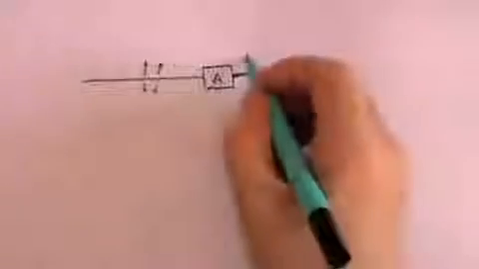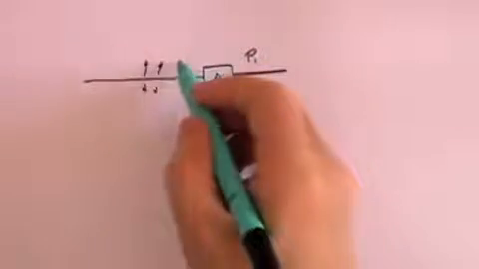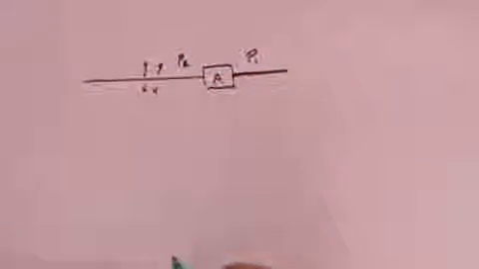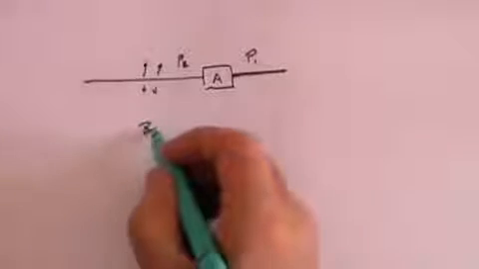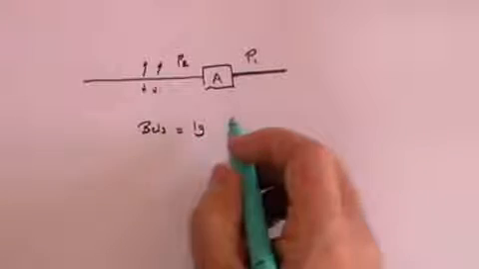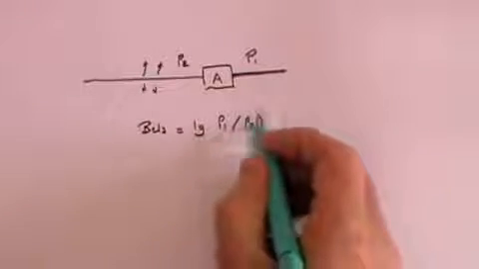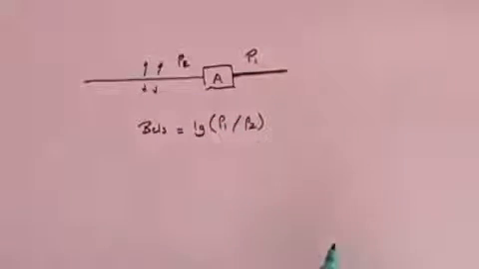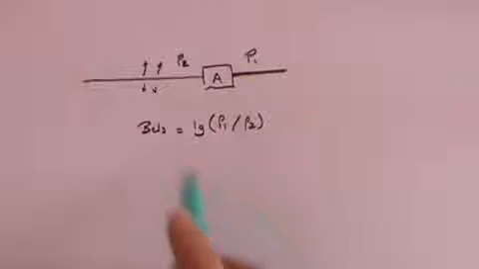And if we call the power out P1 and the power in P2, then the number of bels is the logarithm of P1 divided by P2. But we don't talk about bels, we talk about decibels.